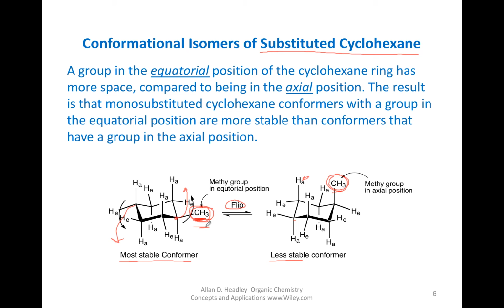By the way, you should be able to draw these conformations using this type of representation. So start practicing drawing your cyclohexane rings to show the chair conformer, and make sure that the chair conformer is drawn differently from the boat conformer.